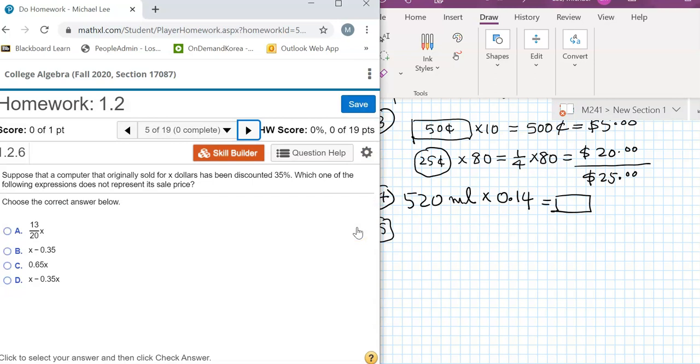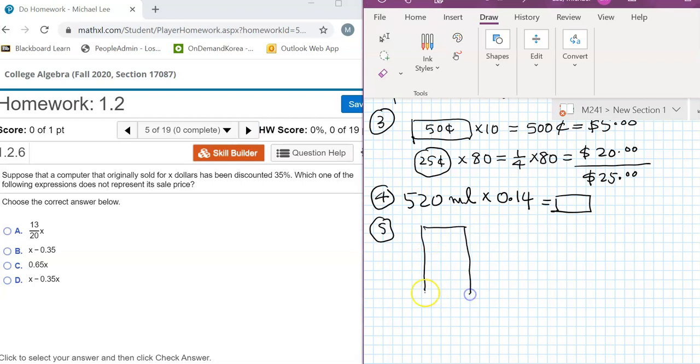Suppose that a computer that originally sold for X dollars has been discounted 35%. Which one of the following expressions does not represent its sale price? So you have X dollars and a discount of 35%. So 35% is gone. So what's left? 65% left.